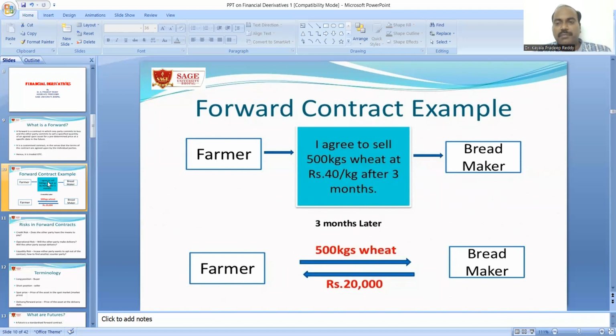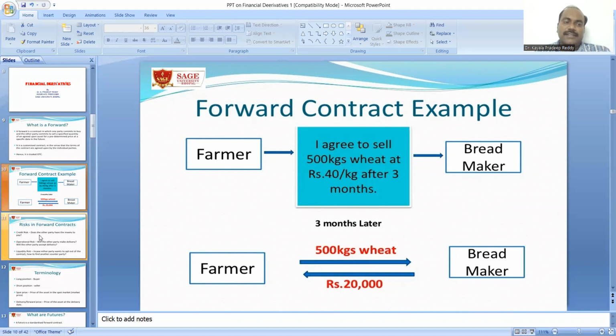Both the farmer and the bread maker enter into the contract today itself, and after 3 months, the farmer has to supply 500 kgs of wheat and the bread maker has to pay rupees 20,000. If both of them perform the contract, there is no violation of the contract. This is a very good example, so that everyone can understand.